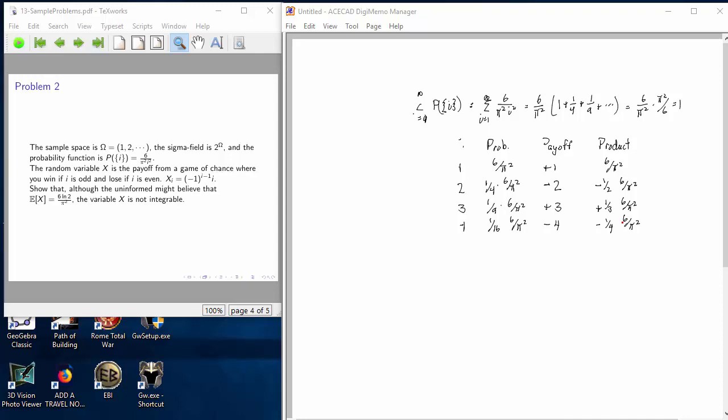Now, the following is true but irrelevant. If I sum the products in the last column, I get 6 over pi squared multiplied by 1 minus 1/2 plus 1/3 minus 1/4 plus ... And this infinite series converges conditionally to the natural log of 2.